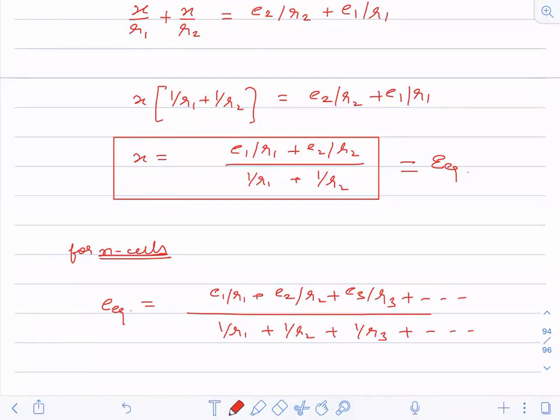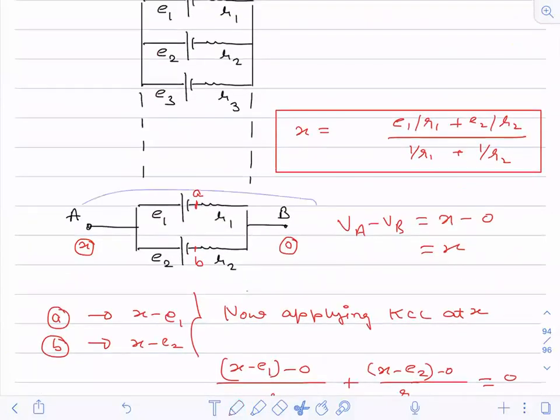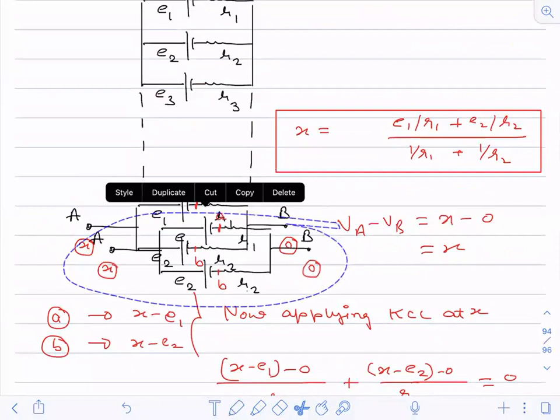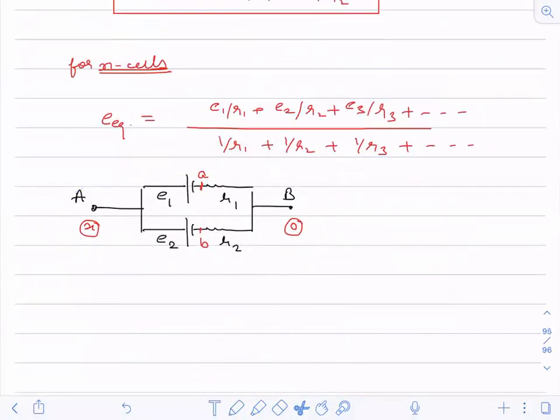Now, equivalent resistance, how will you find it? In this case, the two resistances R1 and R2, how are they connected, in series or in parallel?